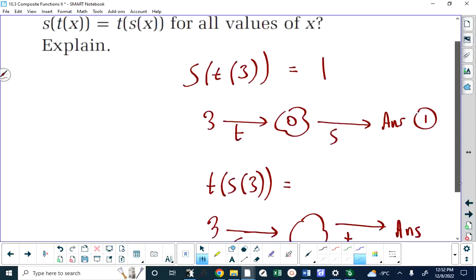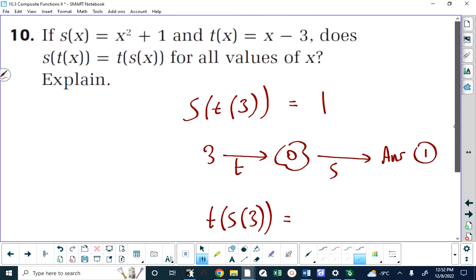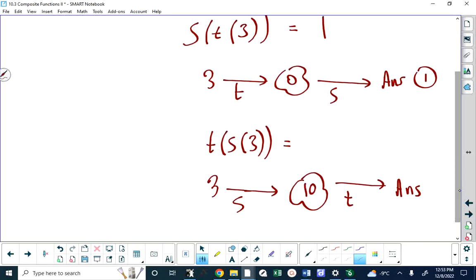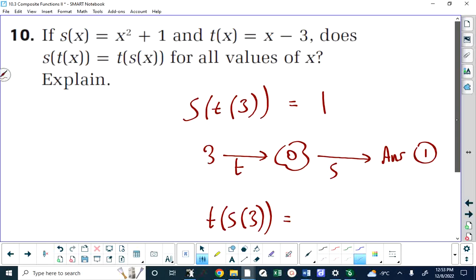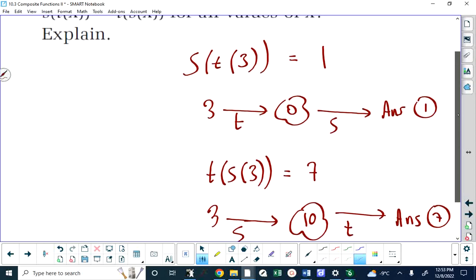So when I put 3 in for x in S, I get 10. 3 squared plus 1 is 10. When I take 10 and run it through t, I get 7. So my answer here is 7. And what I've done is I've demonstrated that there's at least one number where the functions are not the same.